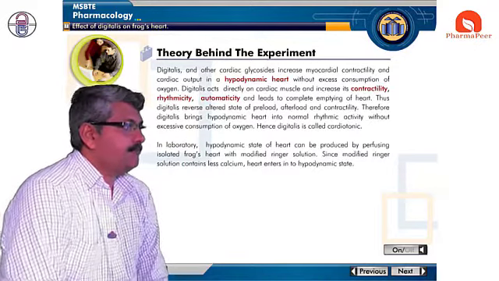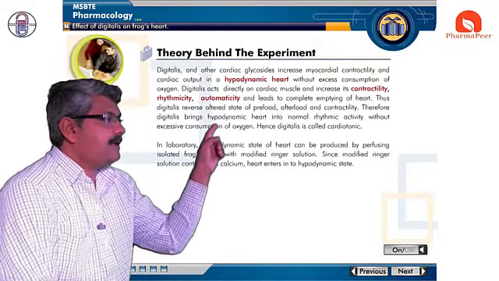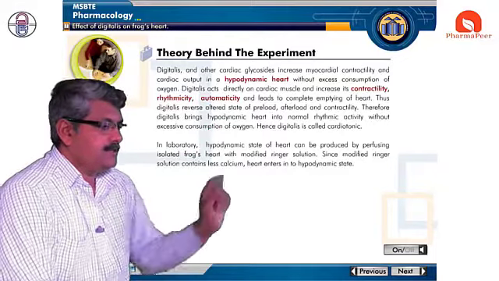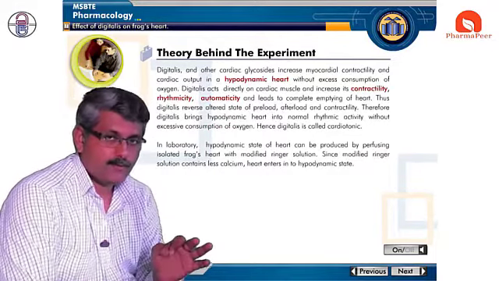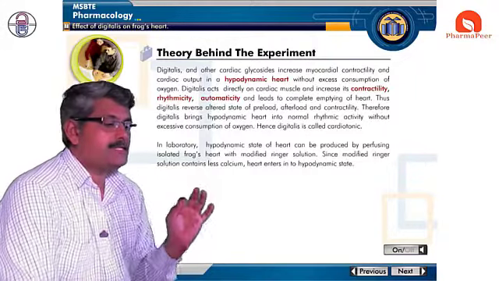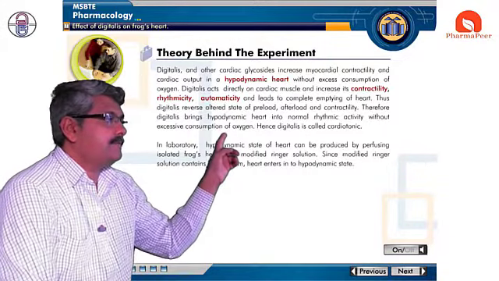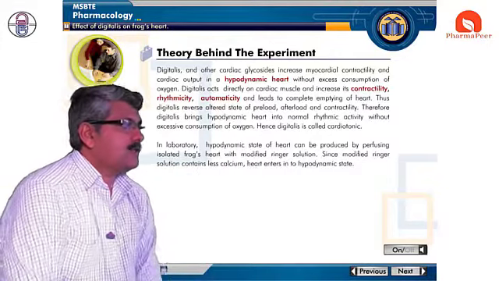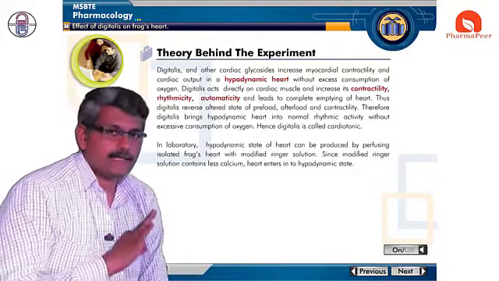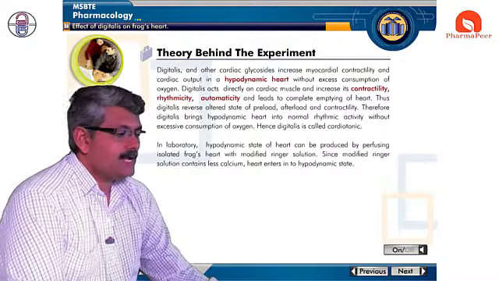Therefore, digitalis brings the hypodynamic heart into normal rhythmic activity, and most importantly, without excessive consumption of oxygen. Hence, because of that, digitalis is called a cardiac tonic.